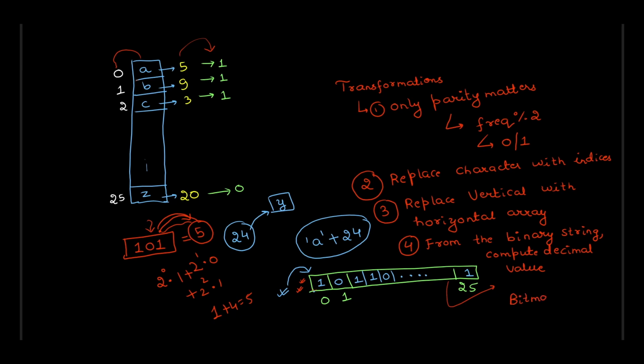A bit mask is nothing but a decimal value that, behind the scenes, incorporates the metadata of your initial problem, like the parity of each character. The maximum value of this bit mask would be 2 to the power 26 minus 1, since there are 26 bits in total. Why? Because in the worst case you can turn on all the bits, meaning the frequency of all the characters is odd.